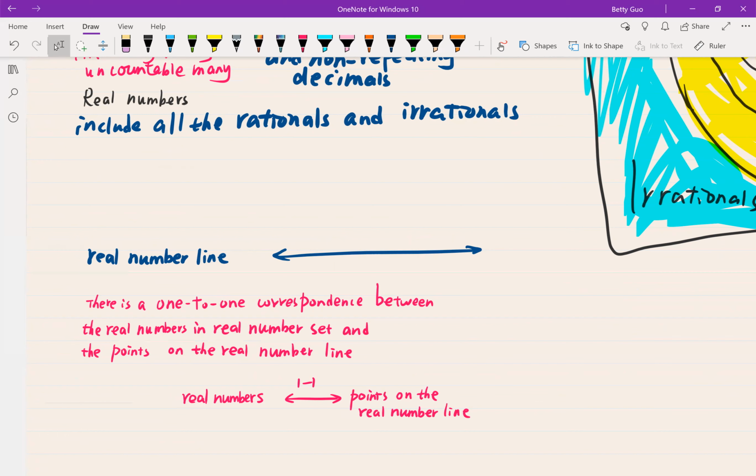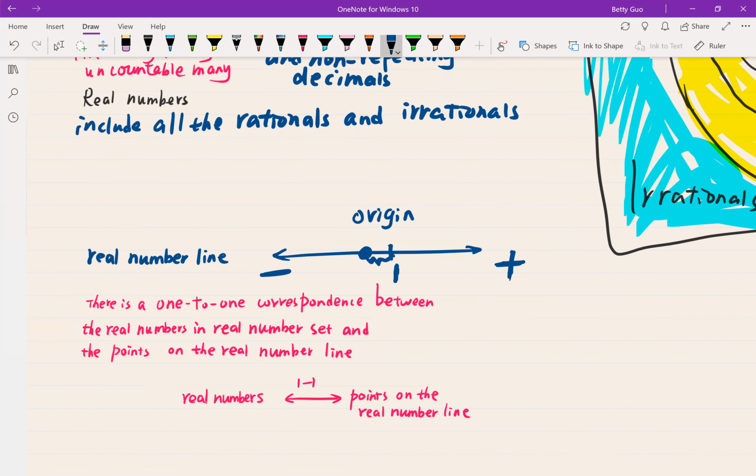If the straight line has directions, you determine this is positive, this is negative, and the straight line has an origin, 0, and the unit of 1 is determined, then the straight line is a real number line.